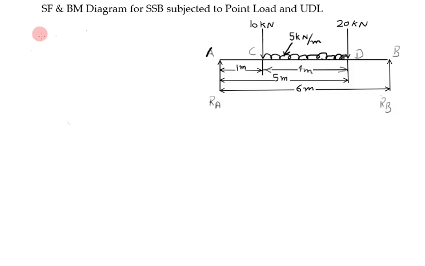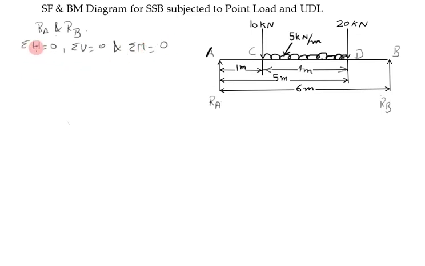So first calculate the reactions RA and RB. To calculate them, apply the equilibrium conditions. The first equilibrium condition is sum of all horizontal forces is 0, then sum of all vertical forces is 0, and sum of all moments about any point is 0.